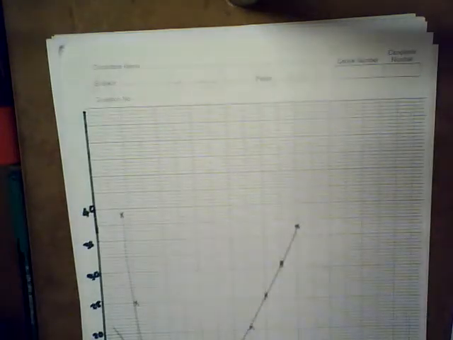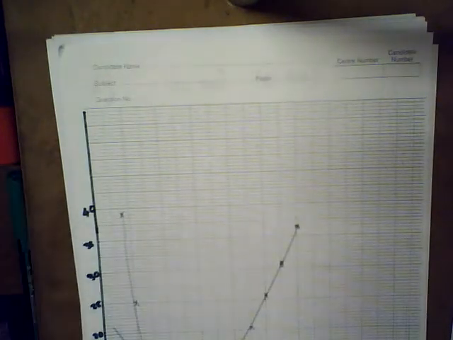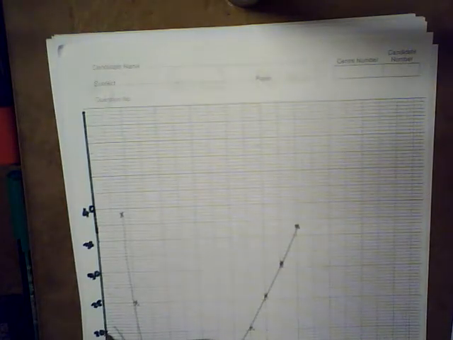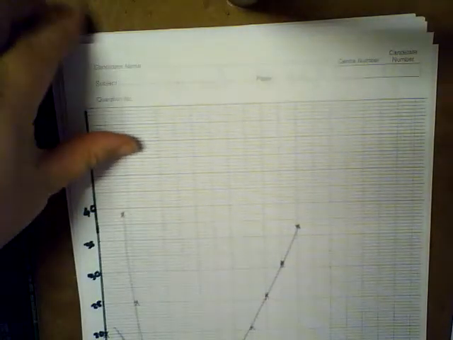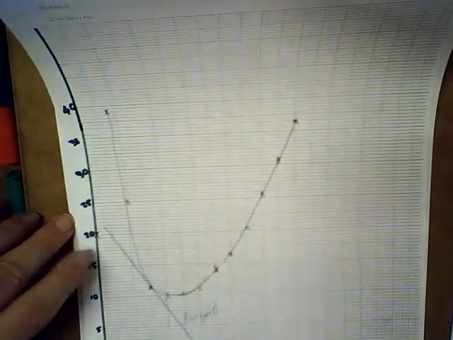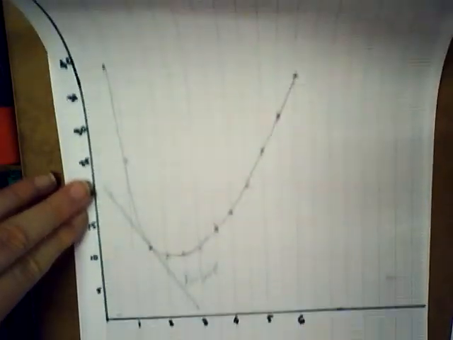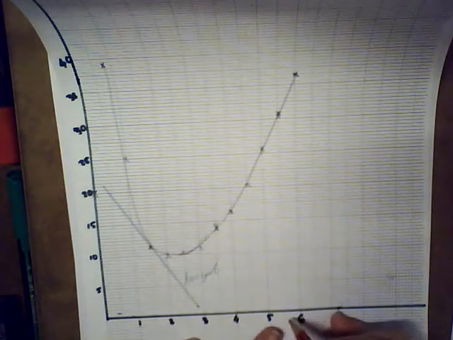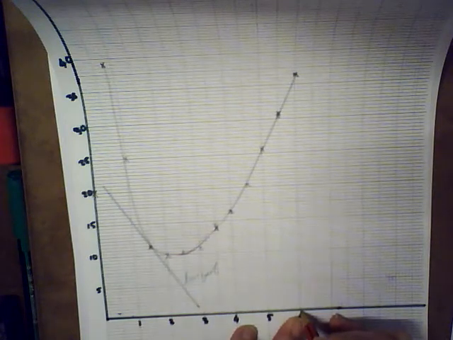So first let's draw the points. So 0 and 20. Sorry, let me move it up. The screen is a little bit small there. 0 and 20 and 6 and 32.